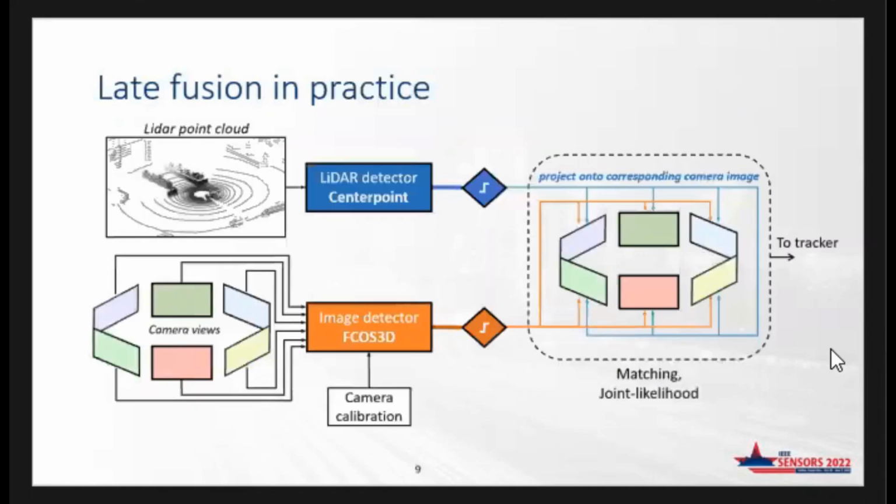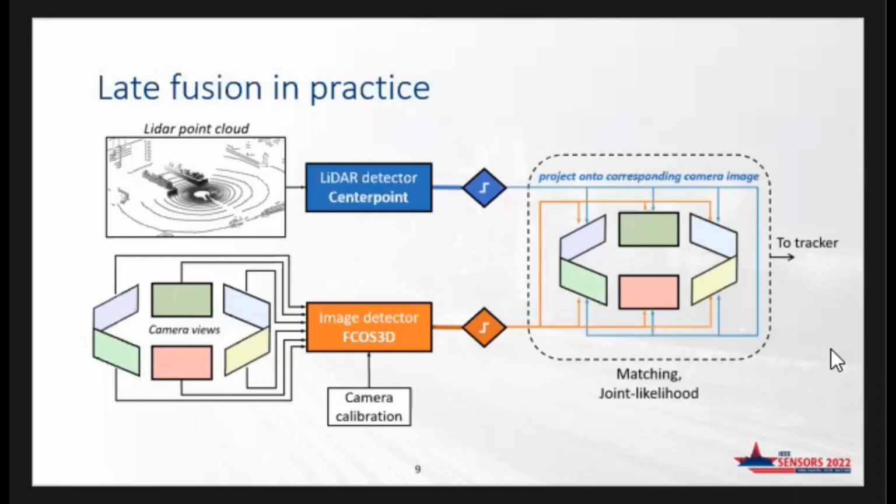In practice, here I give you an example with a Lidar and 6 cameras sensor array. So on the Lidar, we run a CenterPoint object detector. This gives us a lot of candidate detections. These detections are passed through a threshold. And the same goes for the camera object detector.